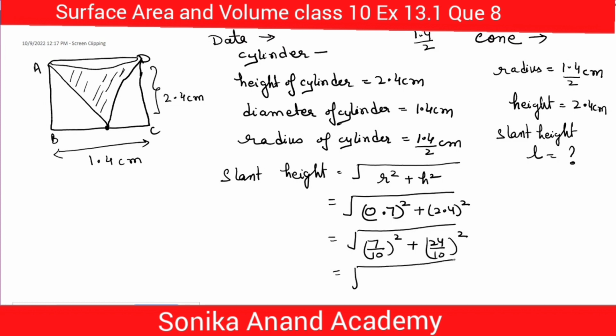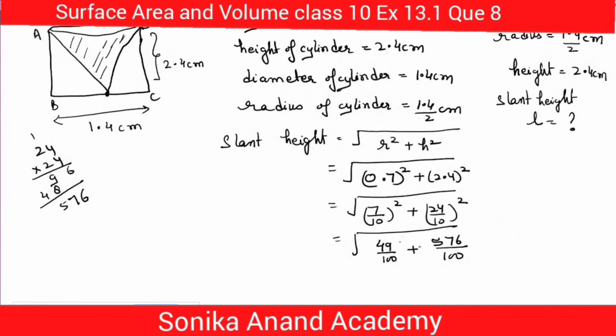Now 7 by 10 squared is 49 by 100 plus 24 squared, 576 by 100. Just check it. Yes, check. Now we add both of them. We get 625 by 100. So when we find the square root of that, it is 25 by 10. That is equal to 2.5. So the slant height we have is 2.5.